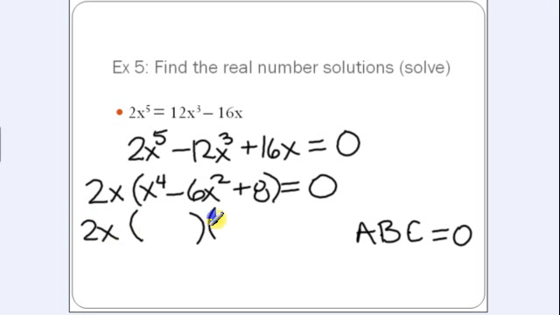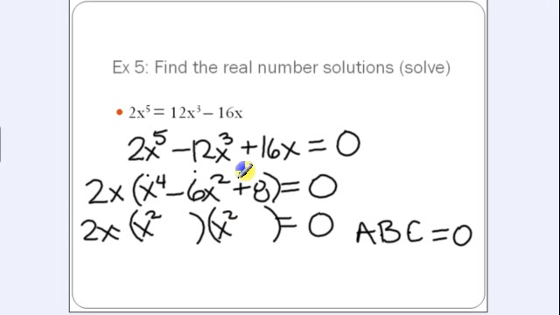I have a trinomial, so I'm going to try to split it up into the product of two binomials. Because I have x to the fourth here and x squared here, I know I want to split this up into x squared times x squared, because x squared times x squared would equal x to the fourth. Then I'm going to look at the signs.